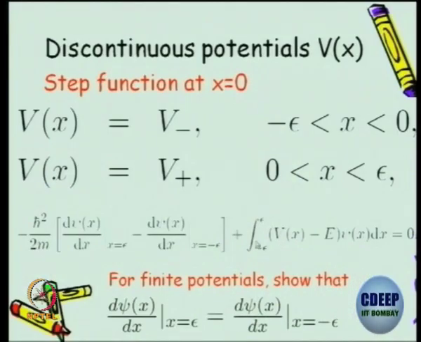Will you do this intermediate step? Please do this intermediate step explicitly, putting in V of x in the appropriate region. Take psi of x out as psi of 0 because psi is continuous, and check that you get continuity of the first derivative. Please check it.